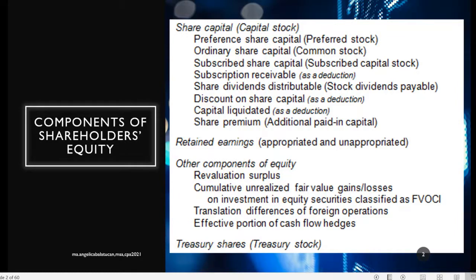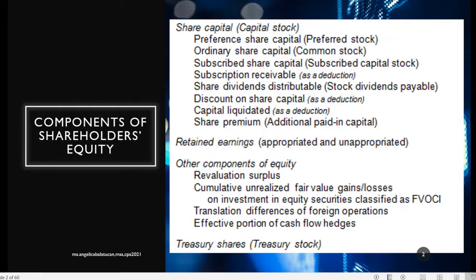Then for the other components of equity, we have the revaluation surplus. I think you are familiar with this one when we are accounting for property, plant, and equipment. This is usually the transaction wherein there is a revaluation surplus if we're using the revaluation model instead of the cost model.